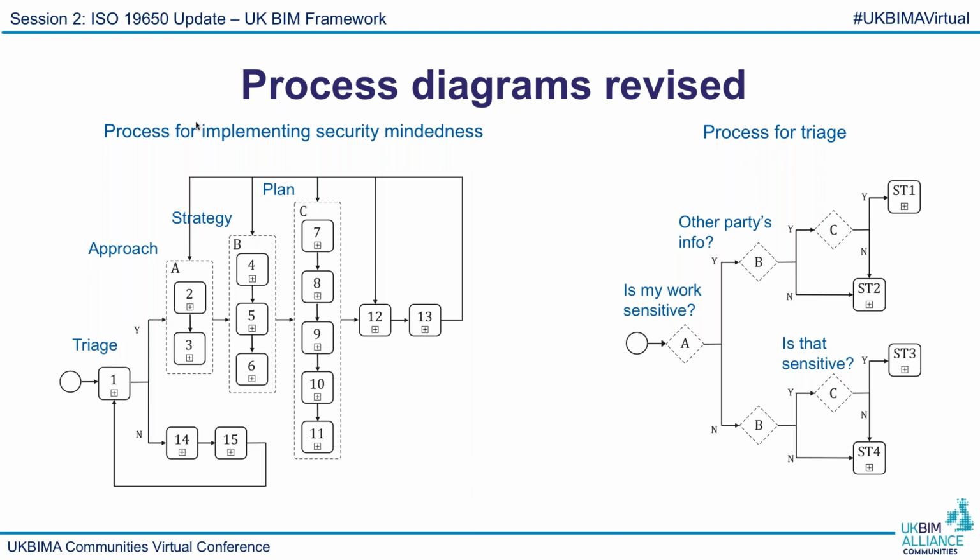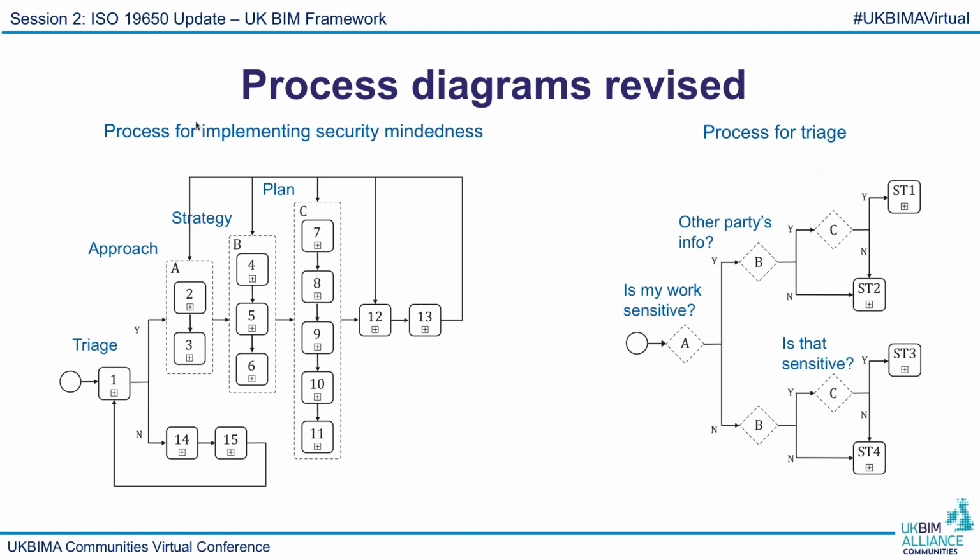So this sort of high-level diagram showing how the triage process gives way to the development of an approach, the formulation of a strategy, and then the establishment of a security management plan, and then its implementation. That is a step-by-step approach that is then iterated round during the life of the asset.